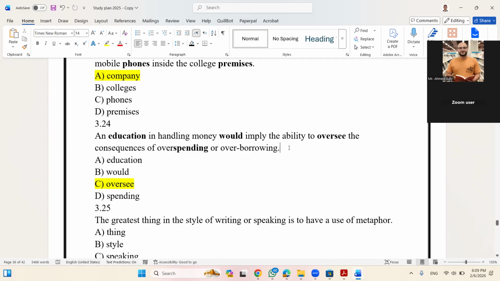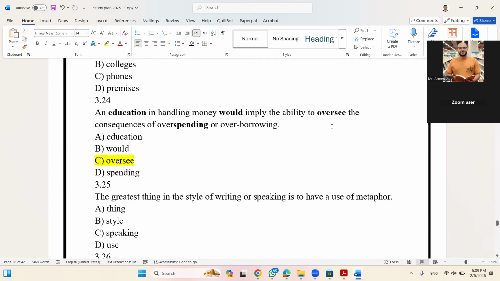We usually say foresee, which means to predict something. Foresee, not oversee. When the author foresees something, he makes predictions about something. We foresee consequences. We predict consequences.